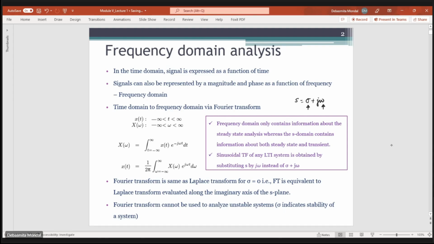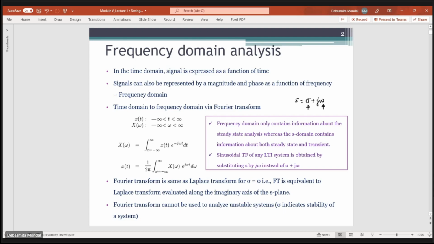You can say that the Fourier transform is equivalent to the Laplace transform, but evaluated along the imaginary axis. That means we are assuming that the value of sigma equals 0. When sigma equals 0, the Laplace transform is equivalent to the Fourier transform.